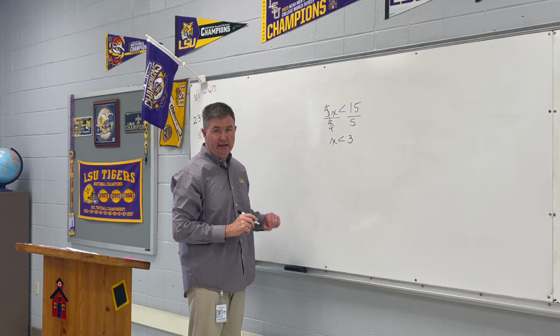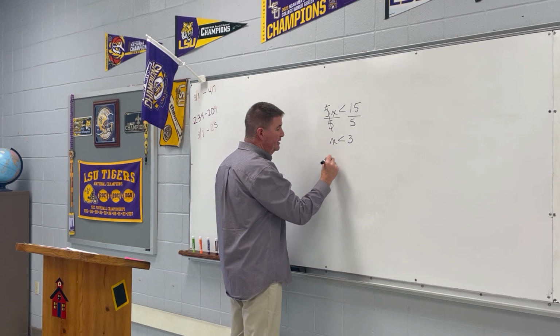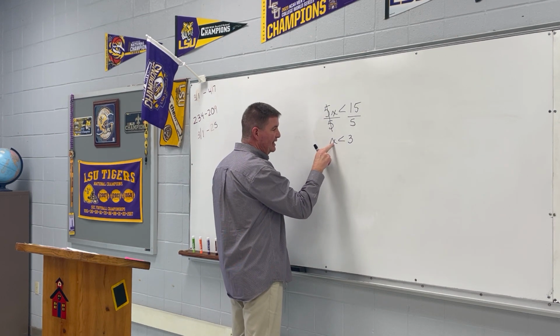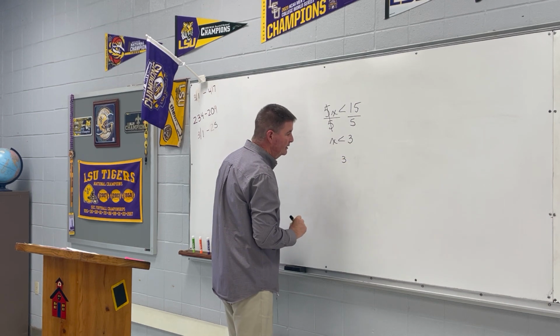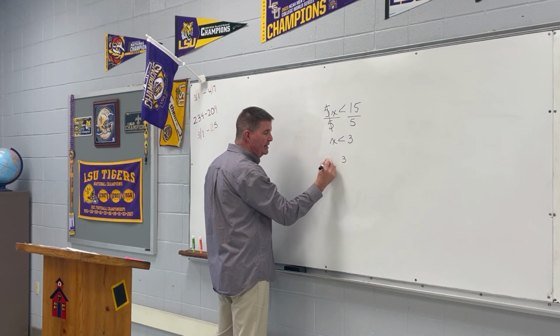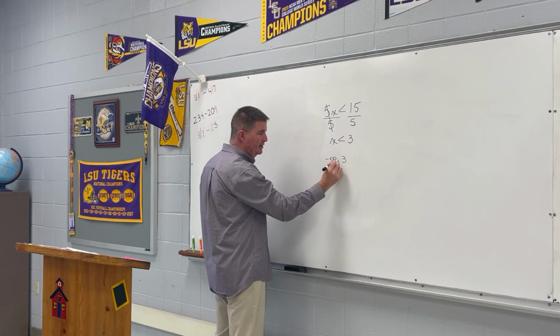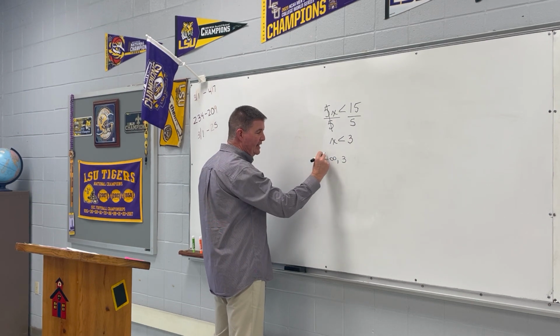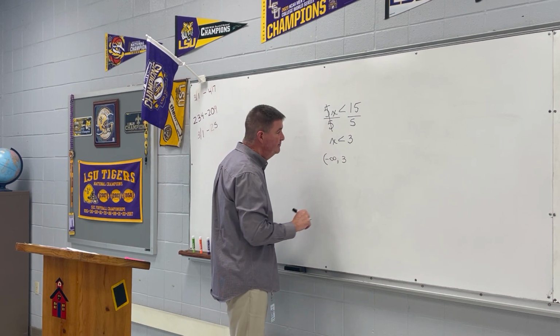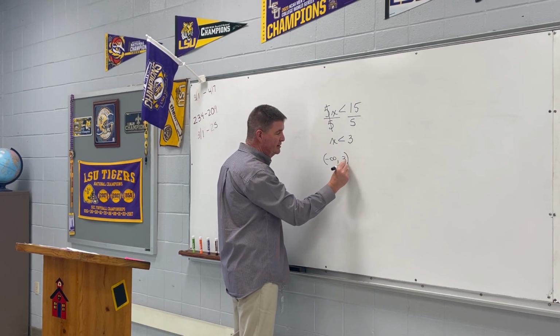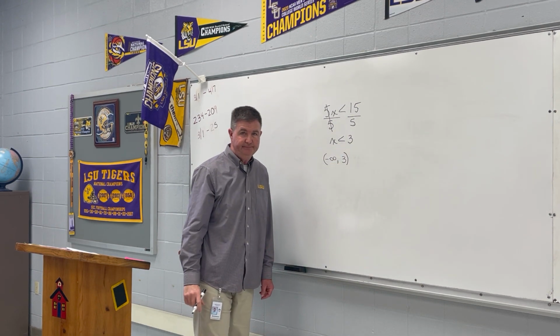This is the inequality. For the interval notation, it's less than 3, which means we would end at 3. Less than 3 means we would start at negative infinity and go all the way to 3. Negative infinity, just like positive infinity, has a parenthesis, and it says less than 3, so that's also a parenthesis.